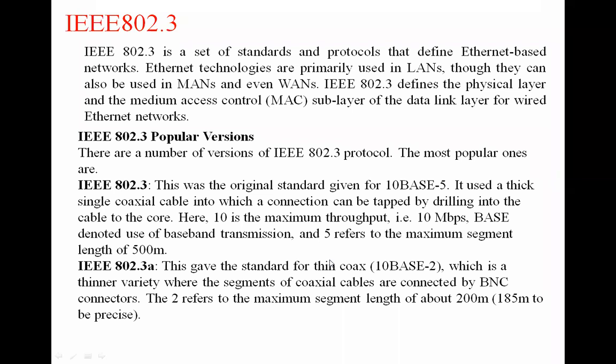That thick single coaxial cable was used initially for the telephone, and the connection can be given by drilling into the cable, into the core. So you can remember this: the IEEE 802.3 original standard cable is 10 base 5.